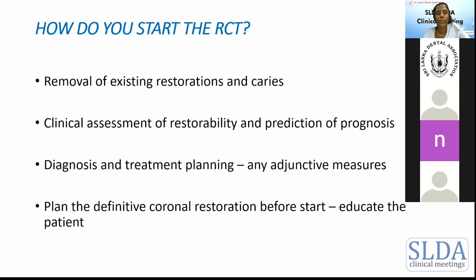So I think it's always better if you can tell what the end result is before you start your root canal treatment. But sometimes these things can be changed with the treatment. Sometimes we have seen a lot of patients who come in between treatment with fractured teeth. So your treatment can be changed.